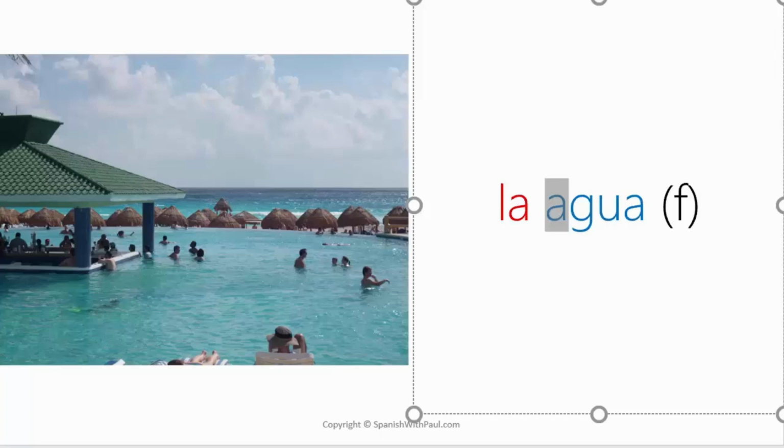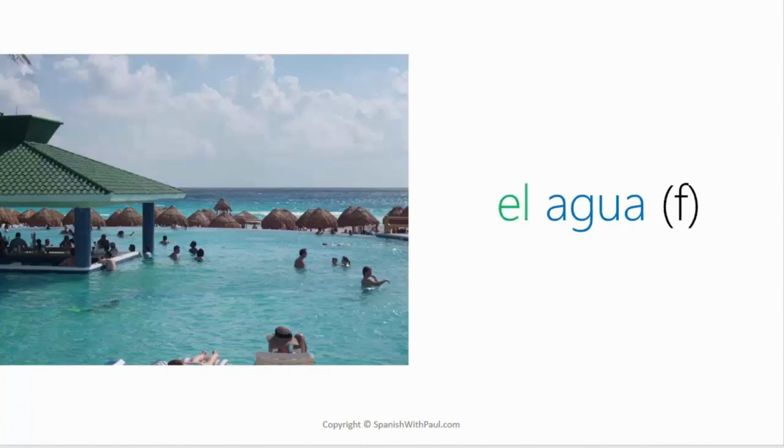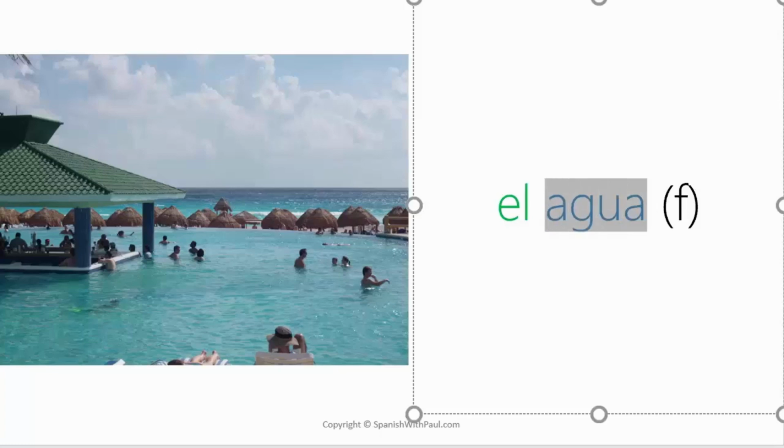And whenever this happens, for reasons of pronunciation, to make it easier, it will default to el agua. So even though this is a feminine word, la agua, whenever you say the water, you will switch into el agua just because it's easier to pronounce. You don't have that double a and a.